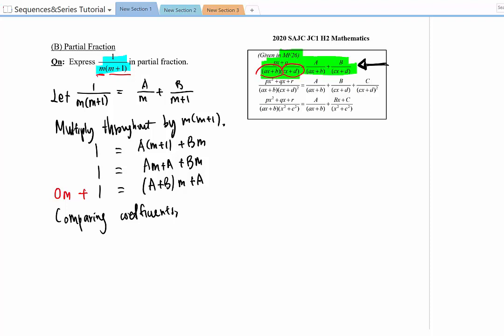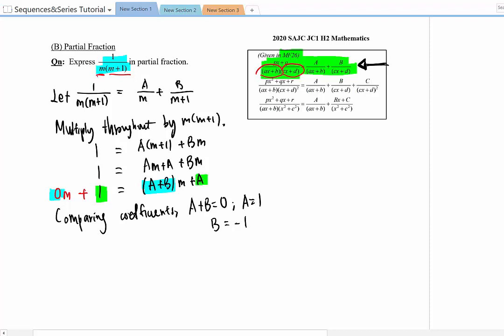This means to say that A plus B is equal to 0 and A is equals to 1. By solving these two equations, we get that B is equals to -1.